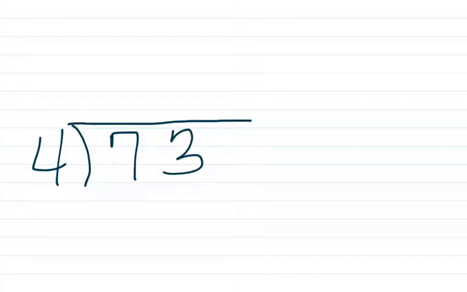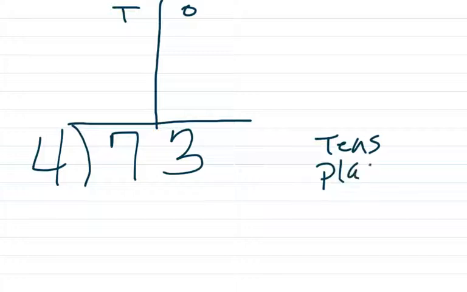So one of the first things that I do is I put a little dividing line between my two numbers right here on top. I don't go all the way through my division house. I just put it right there on the top of it. And then I label my tens and my ones. So when I'm looking at my tens place, okay, I'm going to be multiplying times 10.